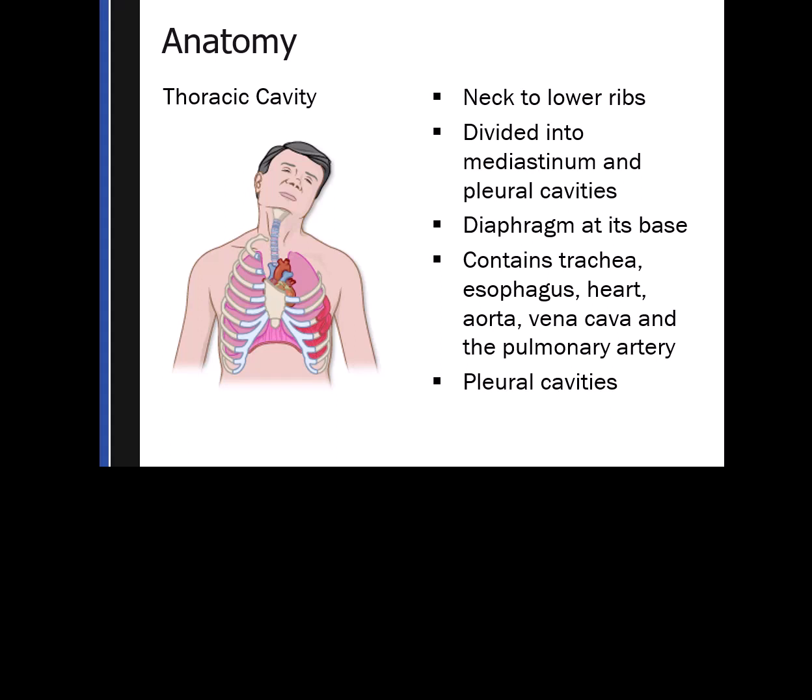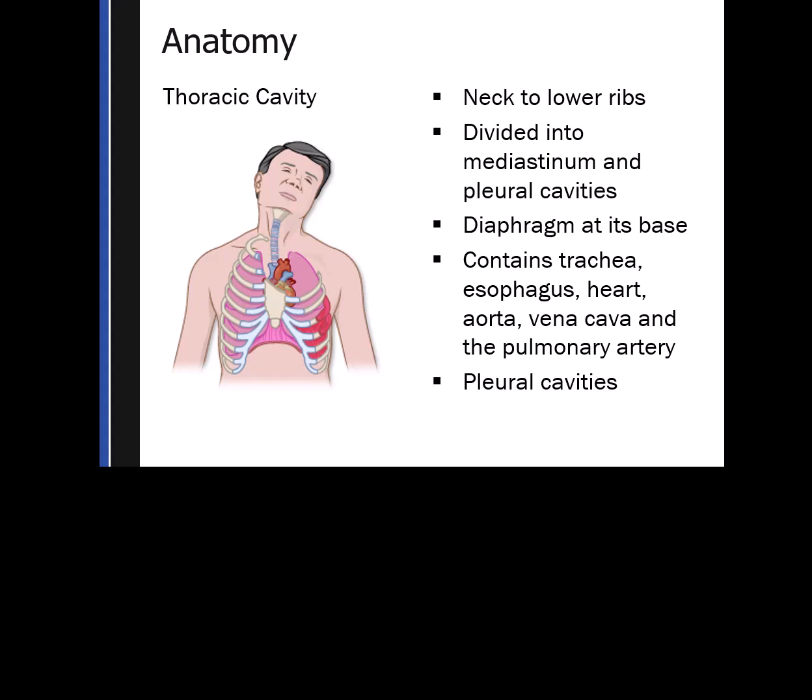The mediastinum is your heart, your aorta, as well as the superior and inferior vena cava. The diaphragm lies down at the bottom, and the diaphragm is actually part of the dividing area between the thorax and the abdominal area.